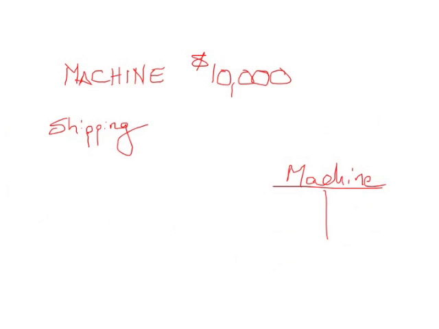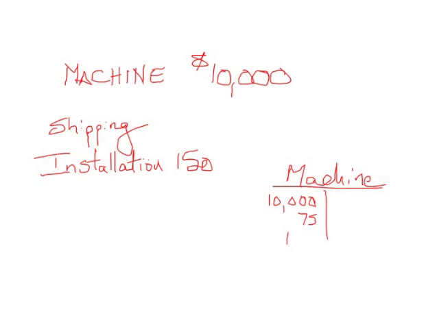Shipping gets added into that $10,000 right there, and let's say that was just $75. Interestingly enough, installation is a cost of getting that machine ready for its intended use. That $150 is a cost to that machine and a depreciable cost.